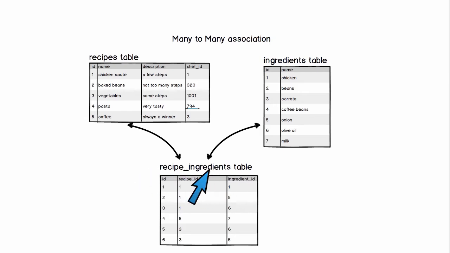And the table name, you can just combine these 2 table names and then call it recipe underscore ingredients, okay? Because it has to be plural, so you just pluralize the second one. That would be the naming convention. You could call this ingredient underscore recipes as well if you wanted. It's really up to you.